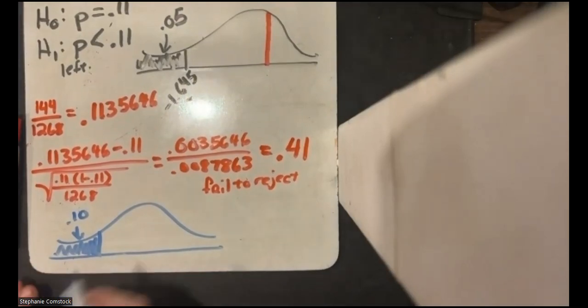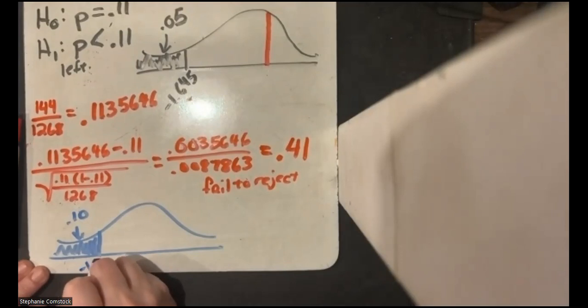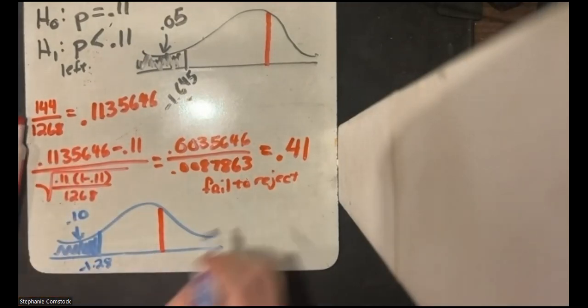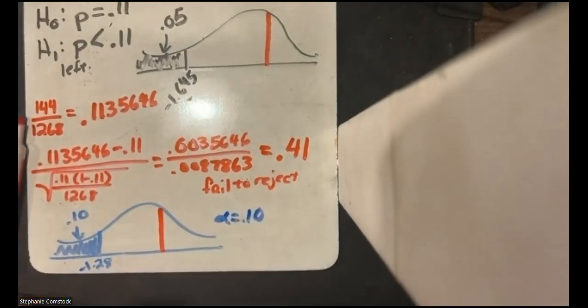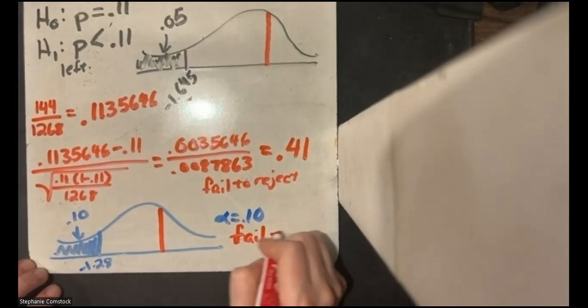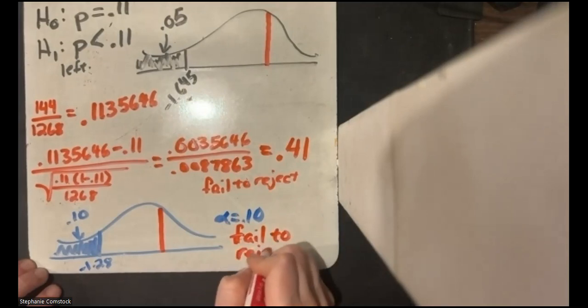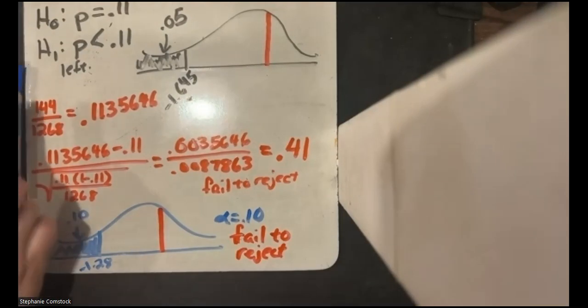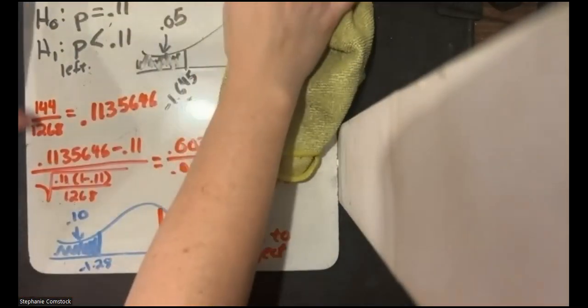Looking that up in my table, I get negative 1.28. And again, 0.41 is still sitting over here in the same position. So even at alpha equals 0.10, we're still going to fail to reject. Now we'll look at one more.